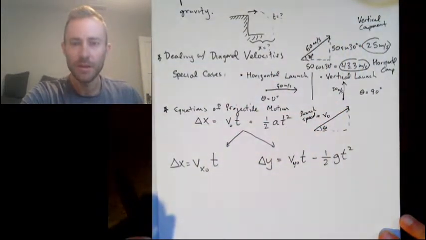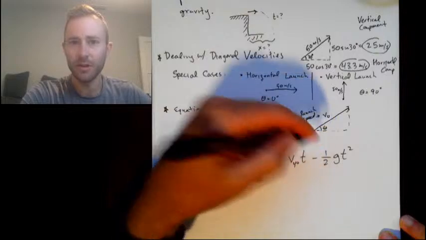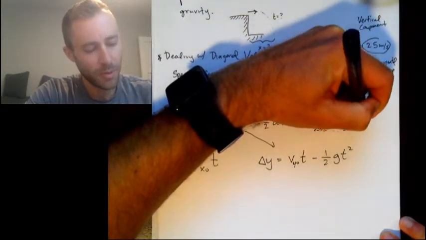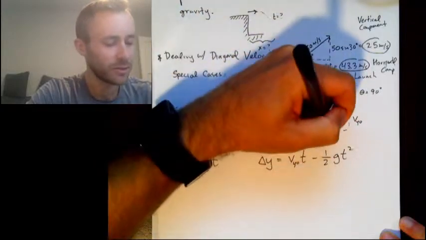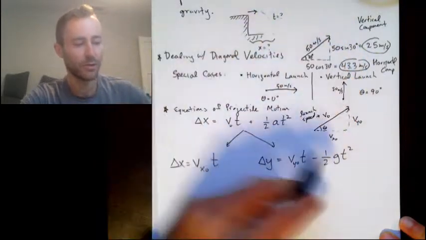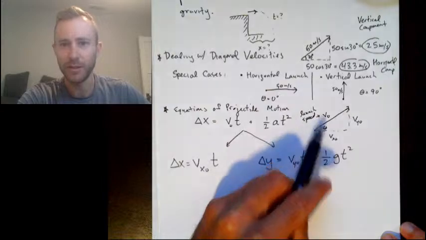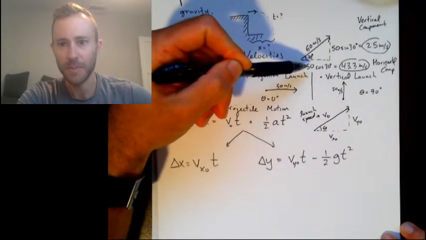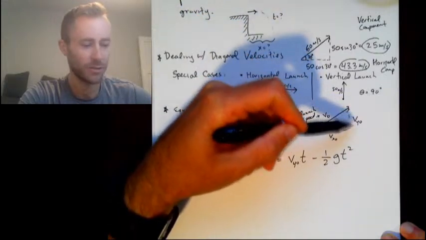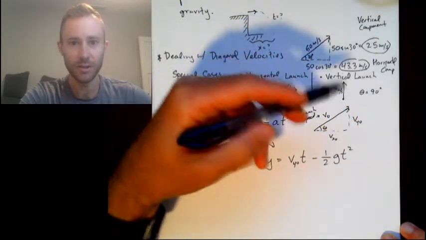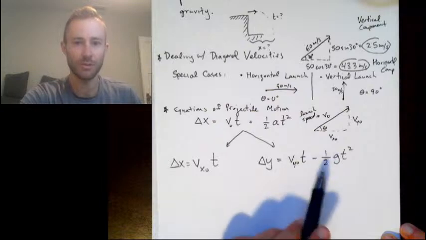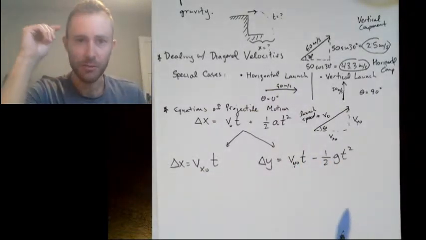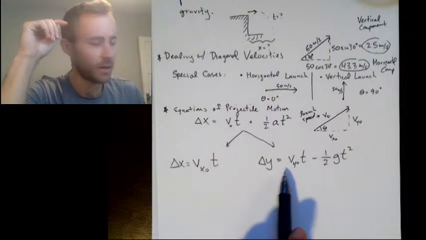Okay, and the launch speed and the launch angle determine the initial y component of the velocity and the initial x component of the velocity. So if you know the launch speed and the launch angle, you use trigonometry in exactly this manner to determine how much of that is vertical and how much of that is horizontal, and you would use those in these two equations right here and here. Okay? So that's my first comment. That's how you determine vy naught and vx naught.